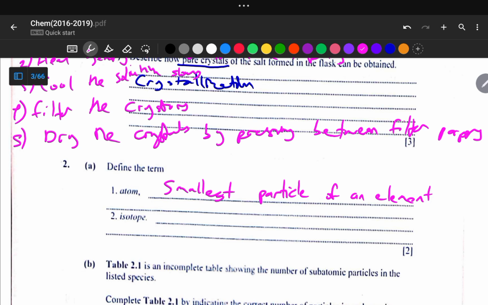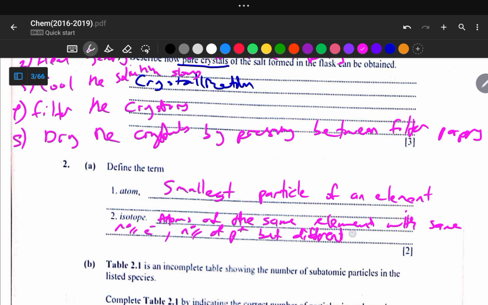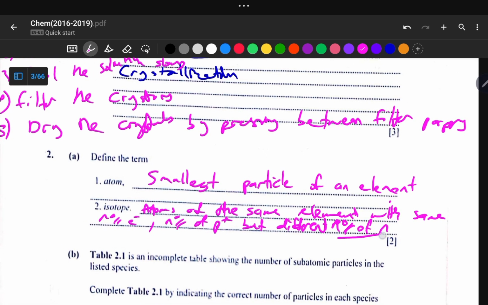And then also isotopes are defined as atoms of the same element with the same number of electrons, same number of protons, but different number of neutrons, right? So this is the general definition of the term isotope. So different number of neutrons, meaning to say different mass, right? So this is the general definition of the term isotope.